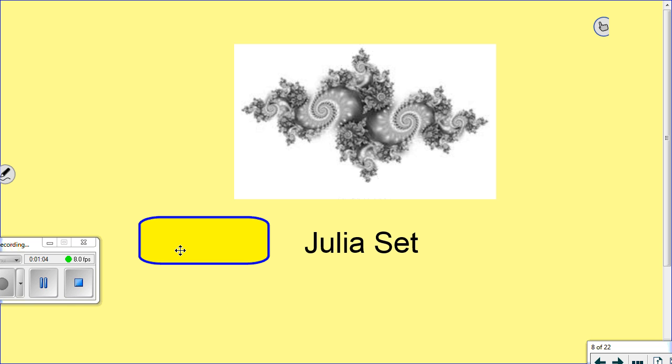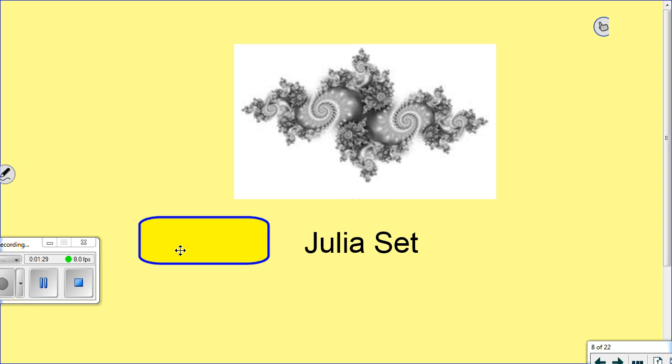That is our Julia set. And remember, these patterns are formed when you feed the equation back into the beginning. So you feed the answer to the equation back into the equation over and over and over again. So something very simple, but you feed it back into that simple equation and you come up with this pattern.